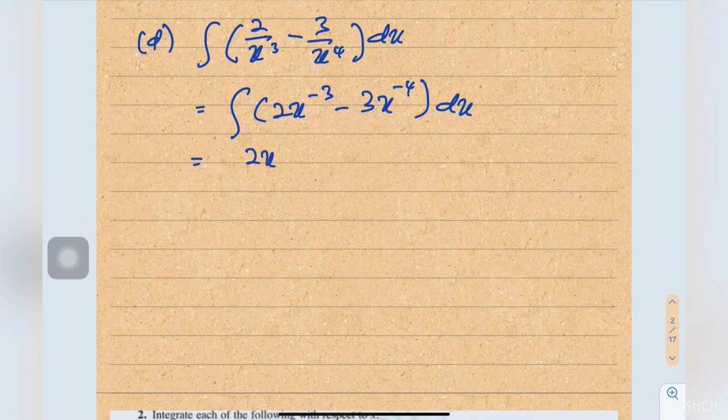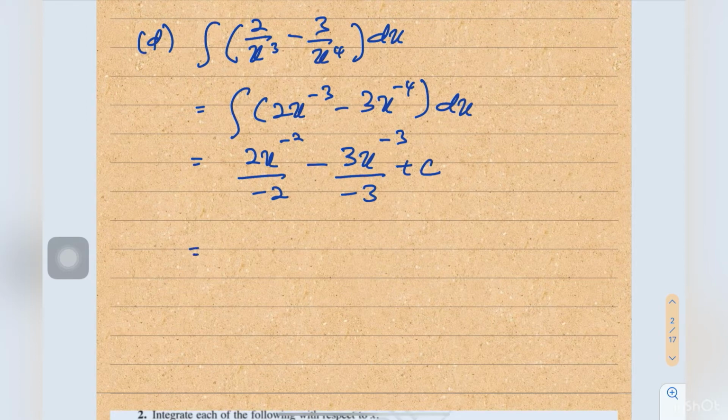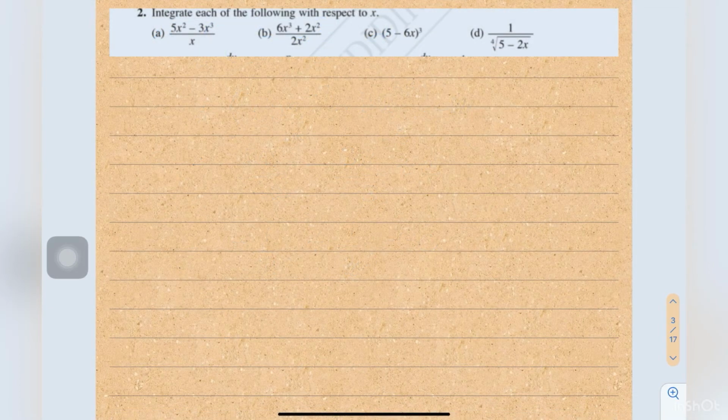So 2x power of negative 2 over negative 2 minus 3x power of negative 3 over negative 3. Don't forget plus c. This one we can simplify, it becomes negative 1 over x squared plus 1 over x cubed plus c. Then we move to question number 2.